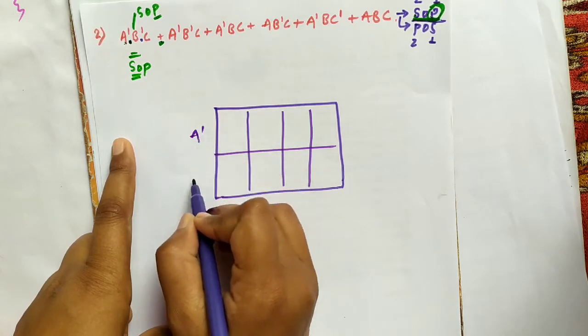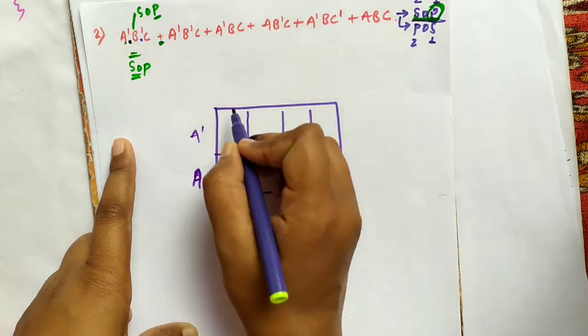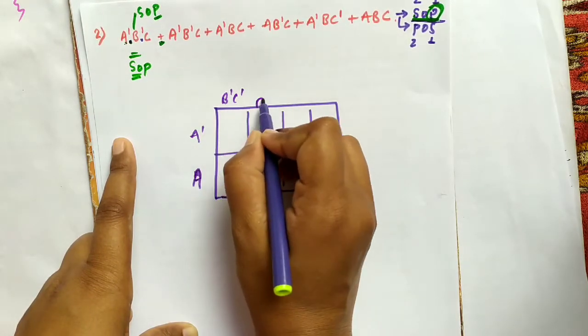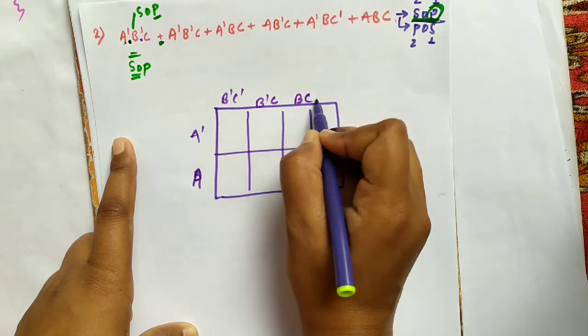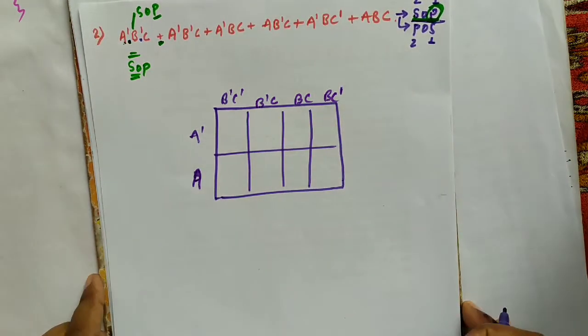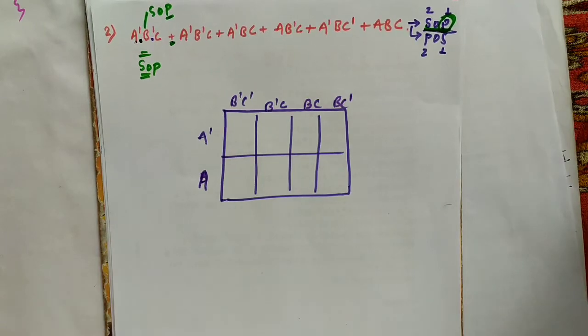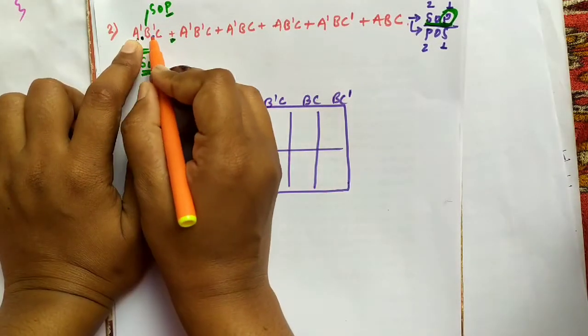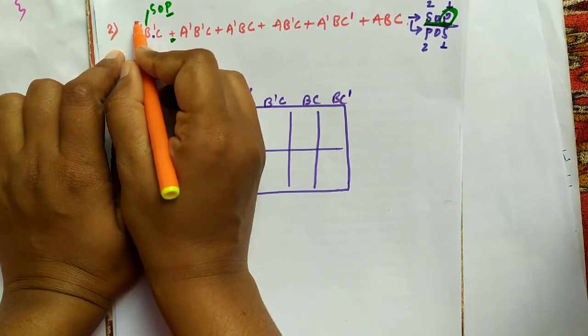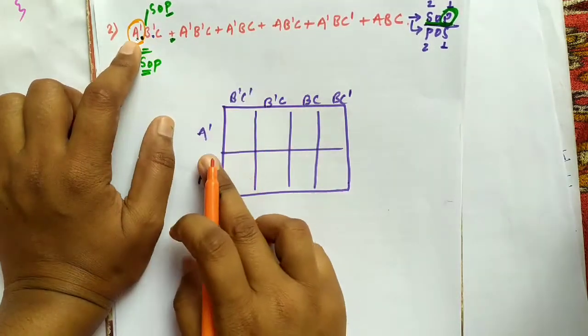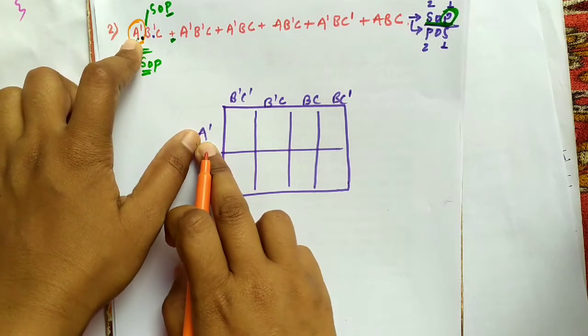Here we write A, B dash C dash, B dash C, BC, BC dash. Next we put the values. First one is A dash B dash C dash. Where is A dash? This is the box of A dash.